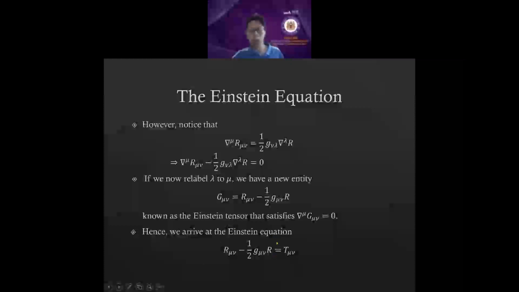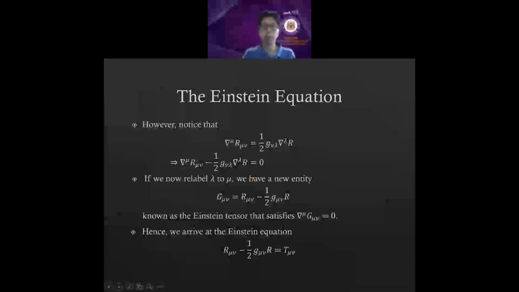As I said, this part is going to be a little bit superficial because there are quite a number of things that we did not look at properly, but this is how you can arrive at the Einstein equation.